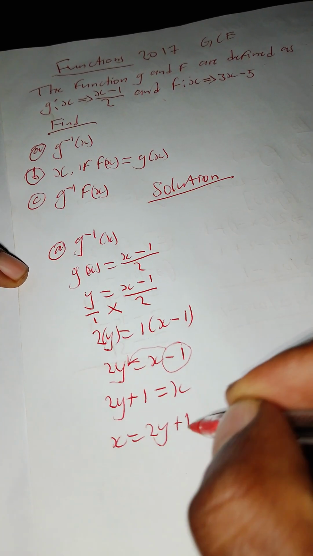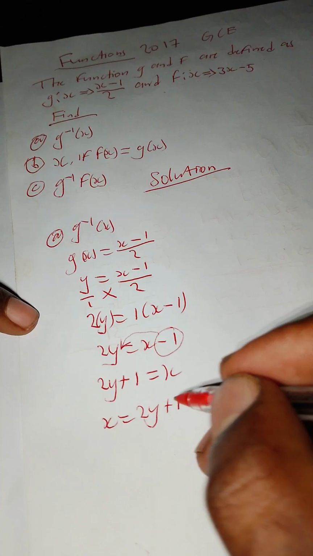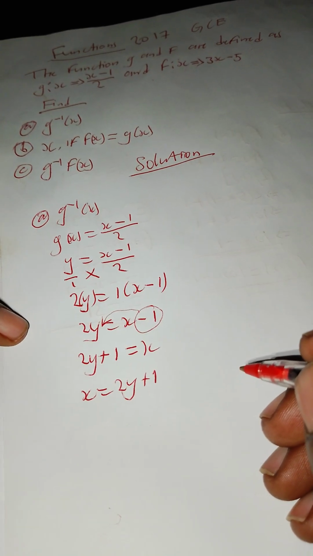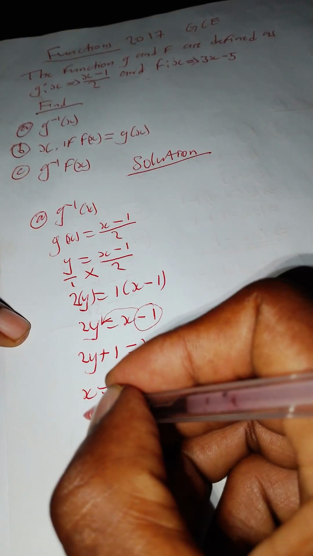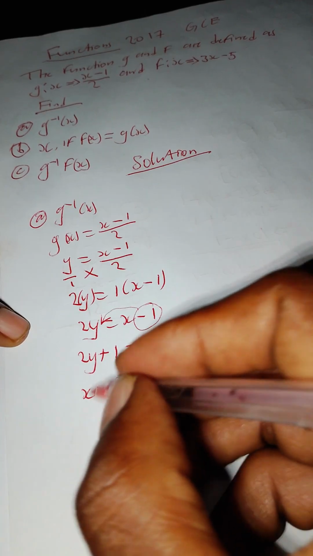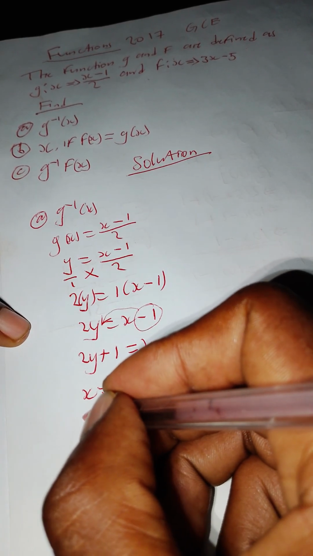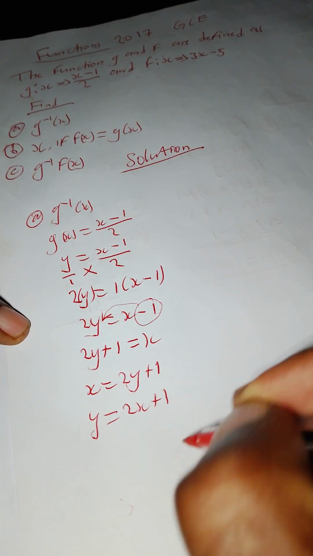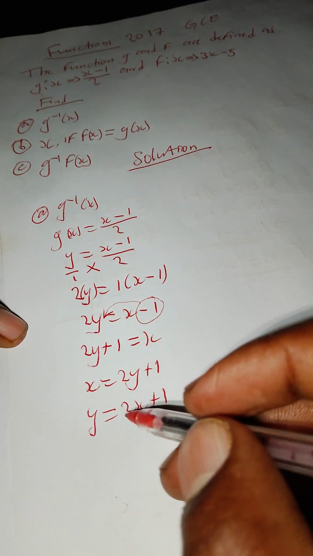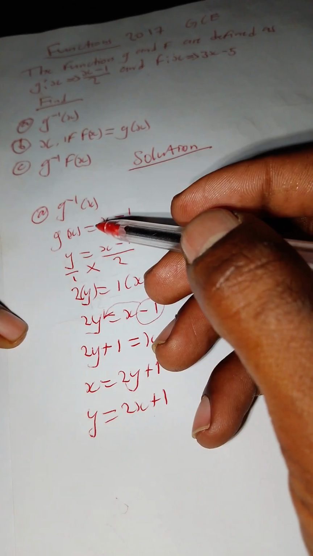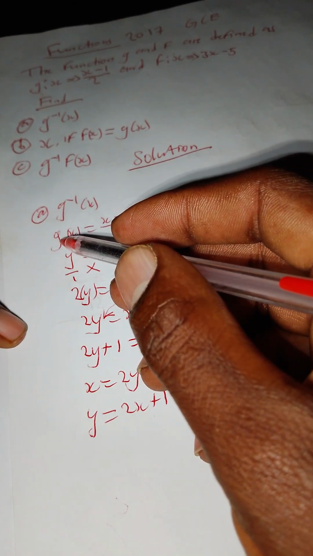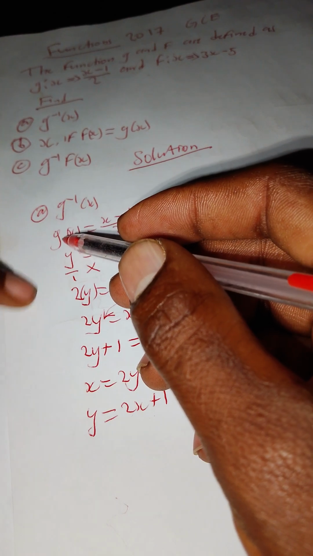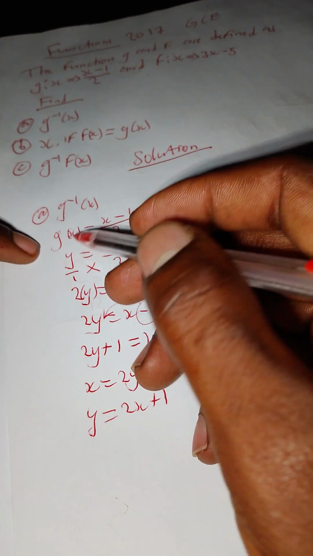Since x is the subject of the formula, what are we supposed to do now? Swap the variables. Where there is x, put y. Where there is y, put x. So we're saying y is equal to 2x plus 1. Remember y was replaced by function g of x, this expression.